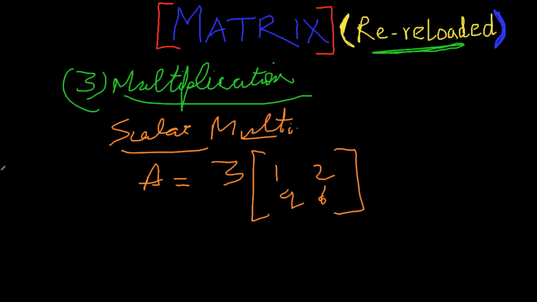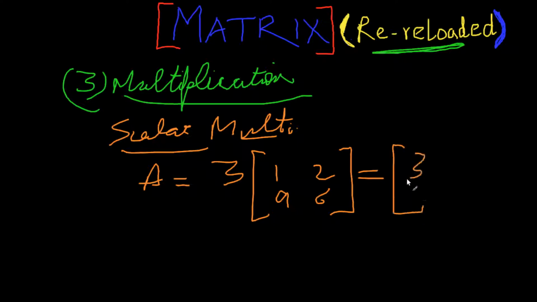Sorry, this is 9. A equals 3, 6, 27, 18. My math ability is not wrong.